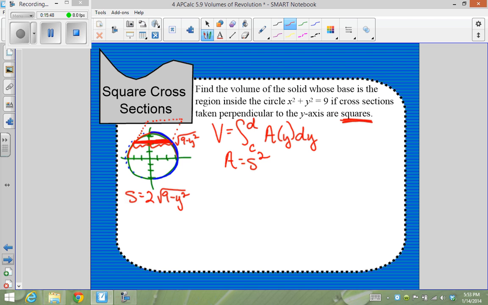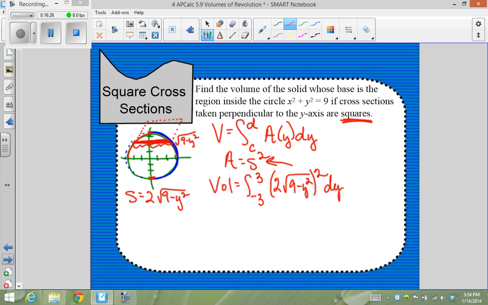I'm going to square it, so my volume is going to be the integral from, in this case, C to D, which is from down here to right here, so from negative 3 to 3, of my side, 2 square root of 9 minus y squared, squared, because my formula was side squared. Since one of my sides was 2 square root of 9 minus y squared, it had to be squared. And then dy.